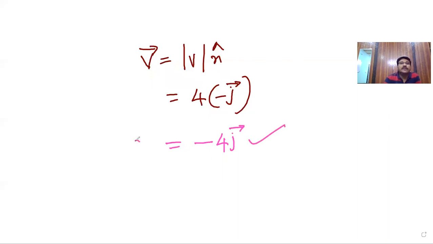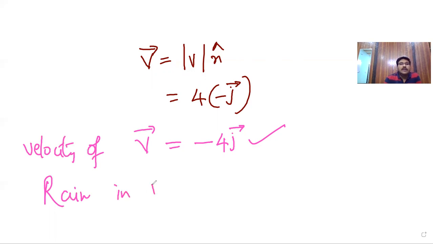This is the vectorial form of the velocity of rain. The clarity is very simple. The velocity magnitude is given. The unit vector should also be in the same direction as the rain. But the original unit vector j is vertically up, so I have to convert it to the rain direction.